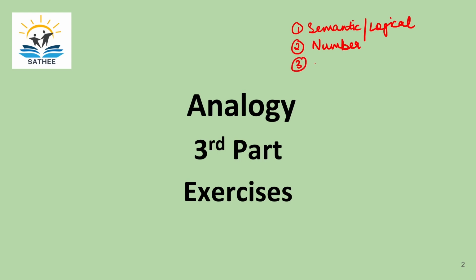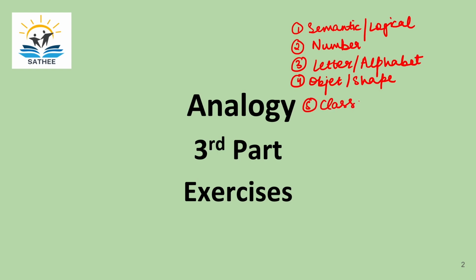Then we discussed letter or alphabet analogy. Then we discussed object or shape analogy. Then we discussed classification or group or category analogy. And then we also discussed function analogy. So these were the six types of questions that can be formed from analogy.